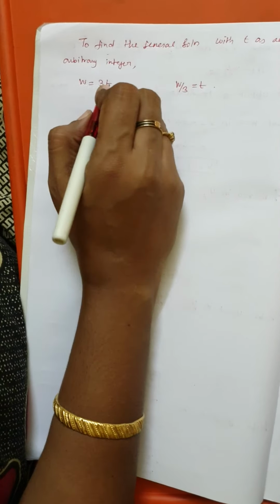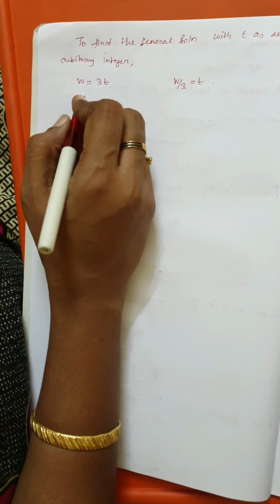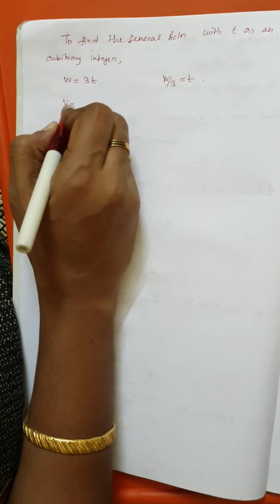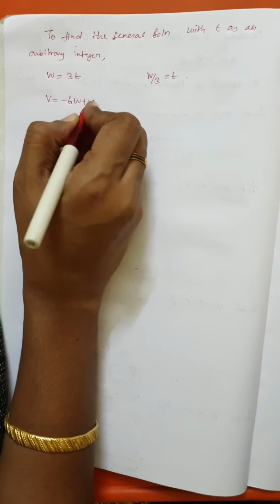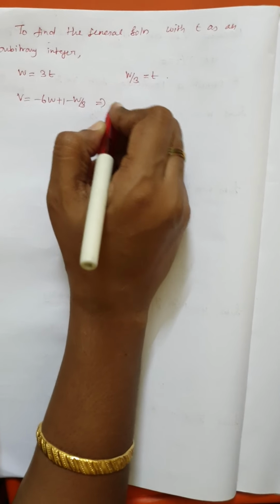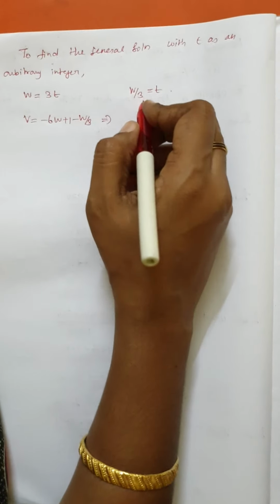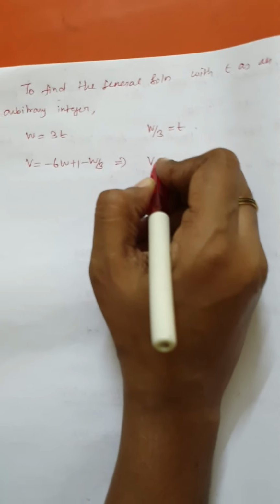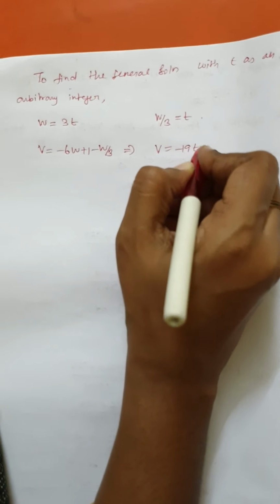From that we get the value as w is equal to 3t. Substitute this w is equal to 3t in v value, that is v equal to minus 6w plus 1 minus w by 3. Here you substitute w is equal to 3t, and we will get the value of v as v is equal to minus 19t plus 1.